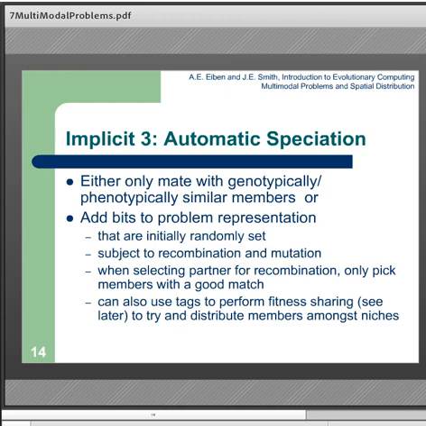Another method is based on speciation. It is related to the fact that each element can only combine or cross over with some elements of the same religion, the same color, the same country.